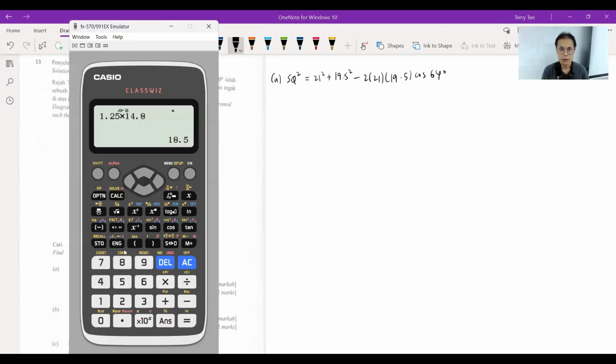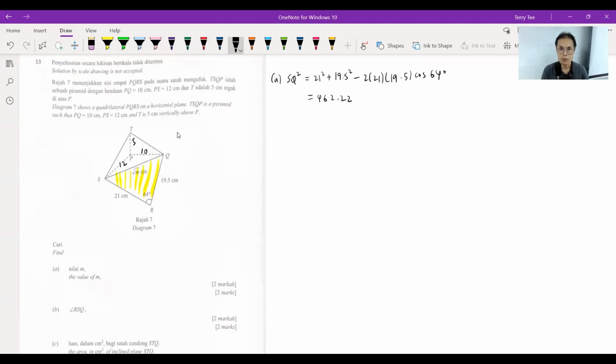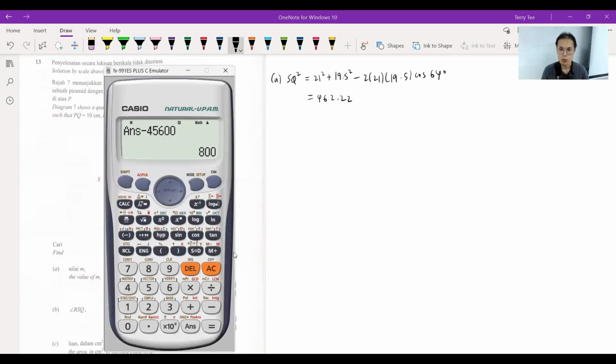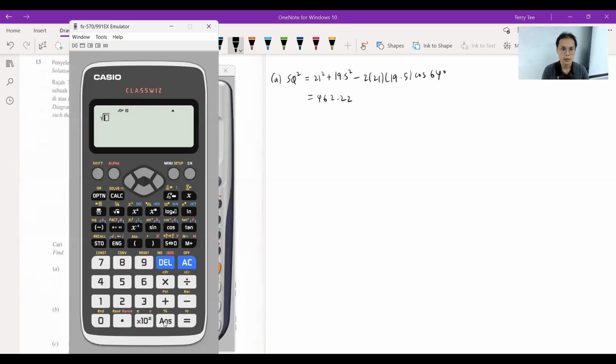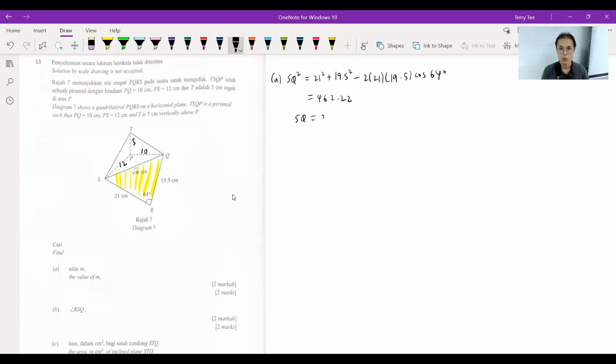So let's use a calculator. 21 square plus 19.5 square minus 2 times 21 times 19.5 times cos 64. Whatever we get here is 462.22. Then we take the square root of this, 21.50. So SQ is 21.50.